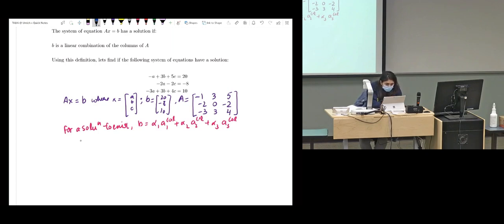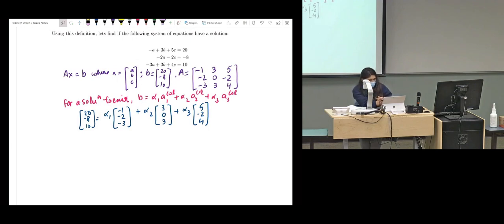It means 20, minus 8, 10 is alpha 1 times minus 1, minus 2, minus 3 plus alpha 2 times 3, 0, 3 plus alpha 3 times 5, minus 2, 4.